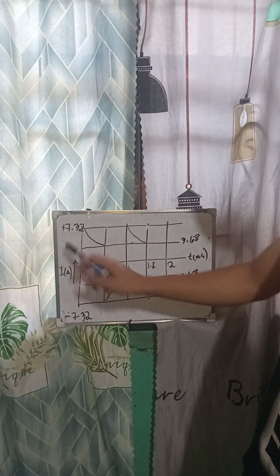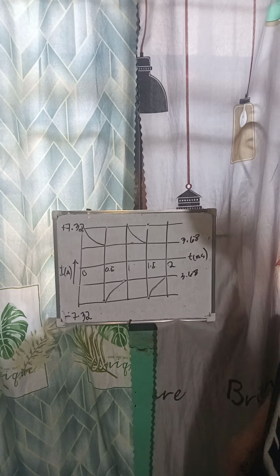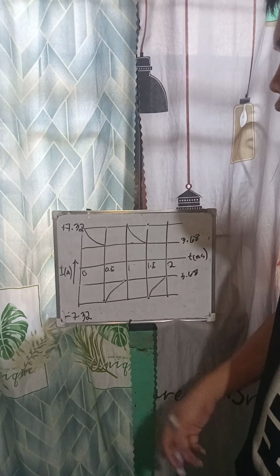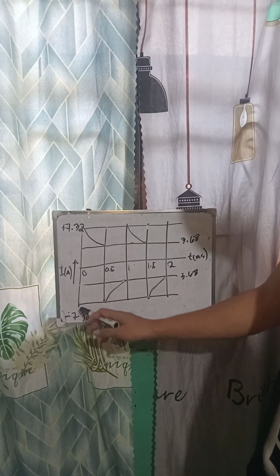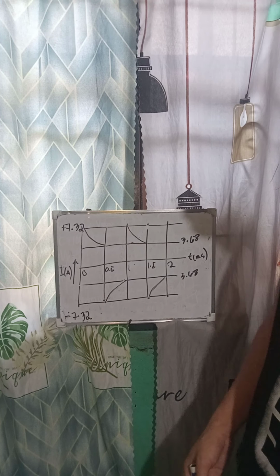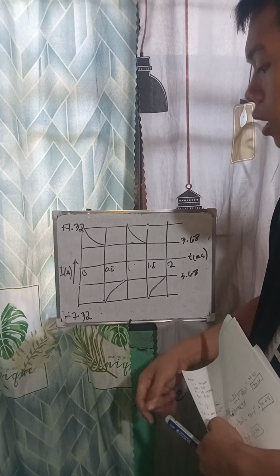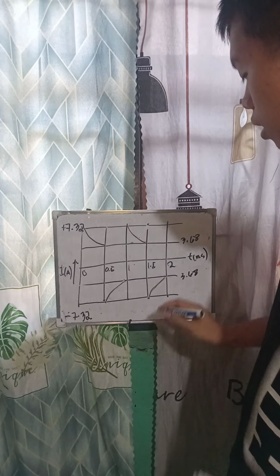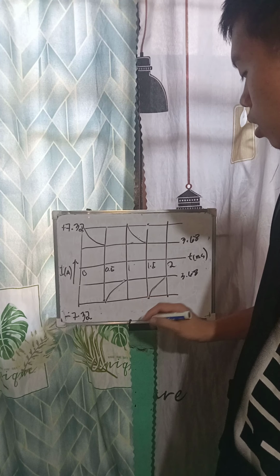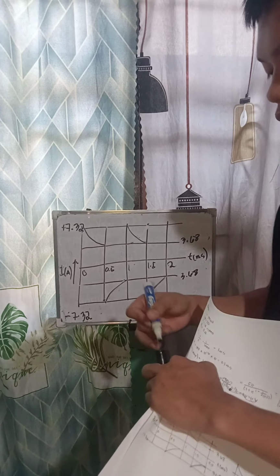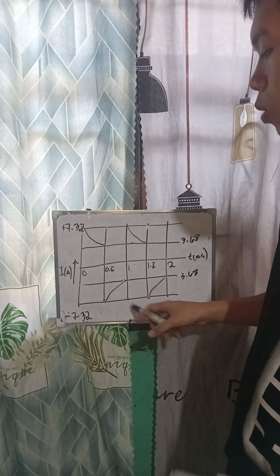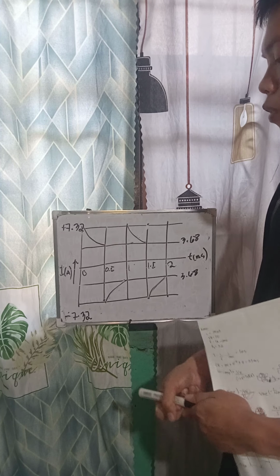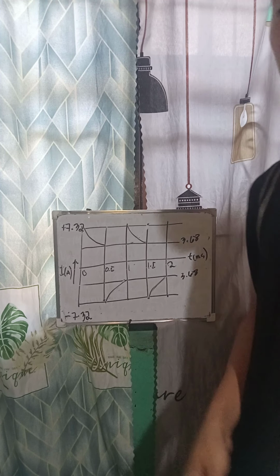This will be the maximum and this will be the minimum waveform of the current. From 0, under this will be 7.32 maximum, negative 7.32 for negative, and the 3.68 as under the 0 or below the 0 waveform. That's all. Thank you.